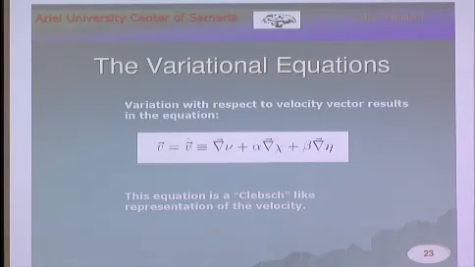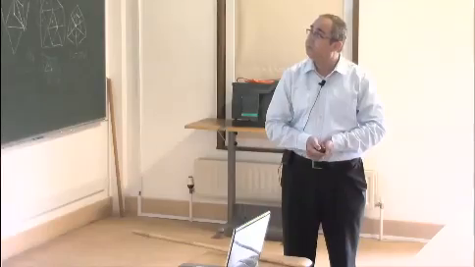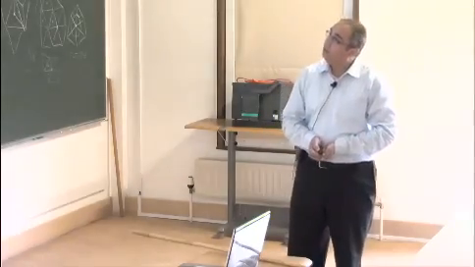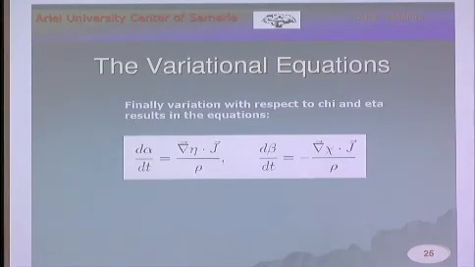So it's a kind of a generalized Clebsch representation of the velocity field. And if you do a variation with respect to the density, you get this Bernoulli type of equation, in which W is just the specific enthalpy. Finally, if you do a variation with respect to chi and eta, you get those equations for alpha and beta.